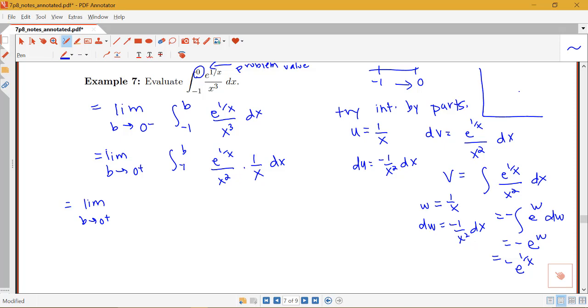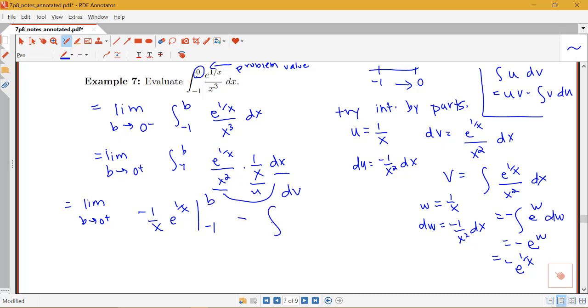So remember, integration by parts says the integral of u dv equals uv minus the integral of v du. So we have our u part, and the rest of this part became my dv. So now I'll have my formula here, uv, so that'll be -1 over x times e to the 1 over x, evaluated from -1 to b.